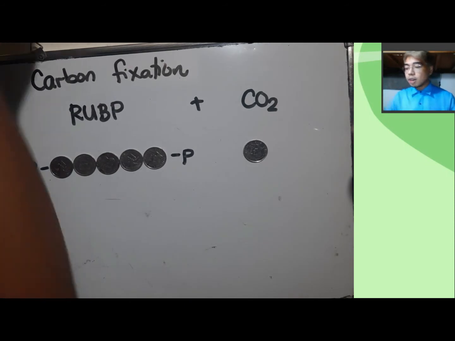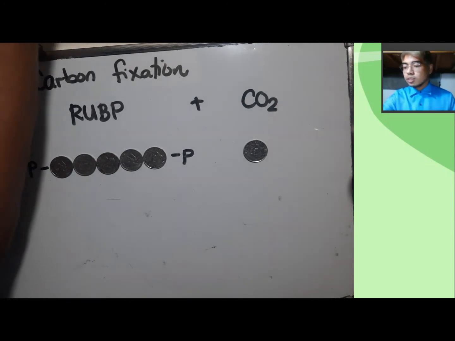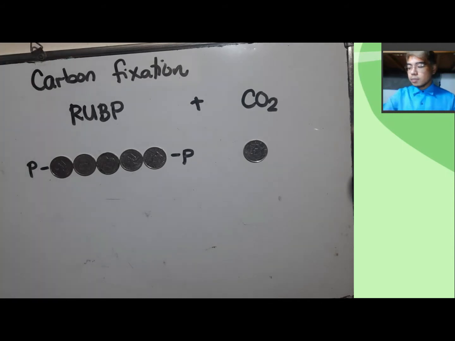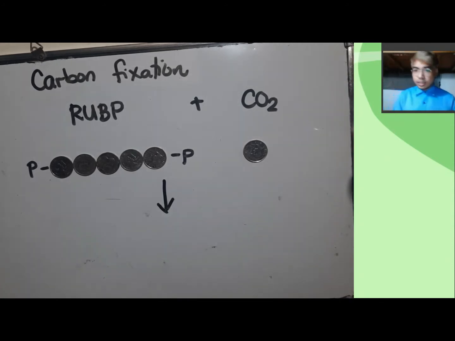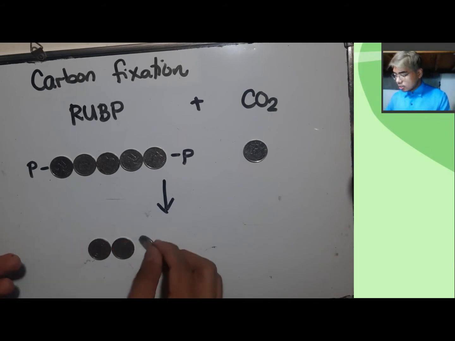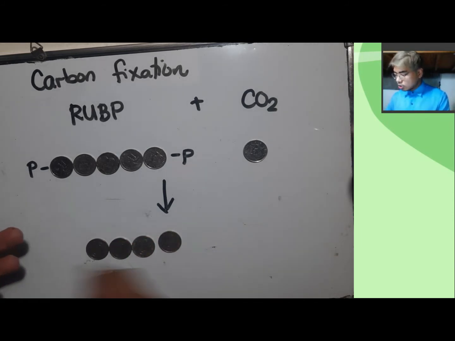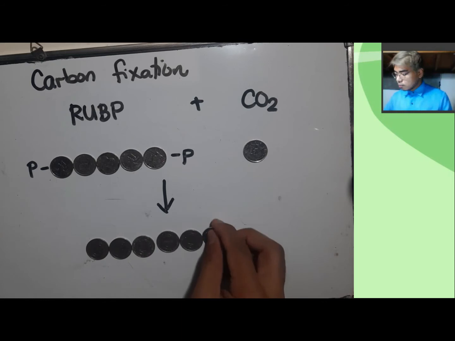So in the case of carbon fixation, this is the very first step, between the RuBP and the carbon dioxide. Then, the next thing that happens is that once the RuBP and the carbon dioxide combine, they create a substance known as a short-lived 6-carbon intermediate.